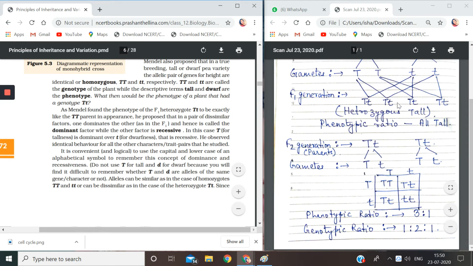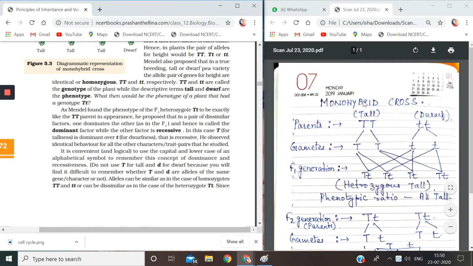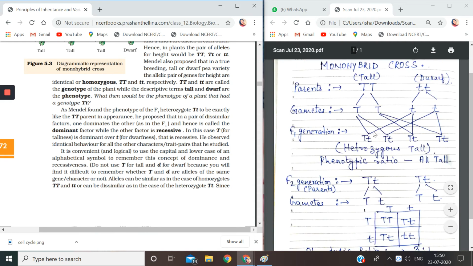Mendel is saying the parent is tall because it has two capital T's, and the progeny is also tall, but it has one capital T and one small t.